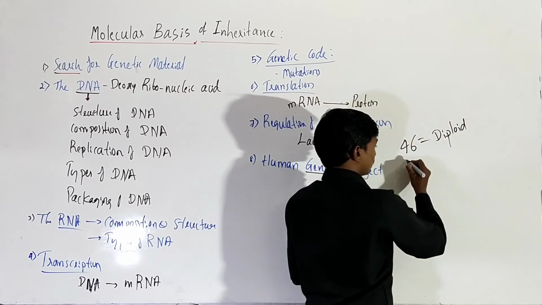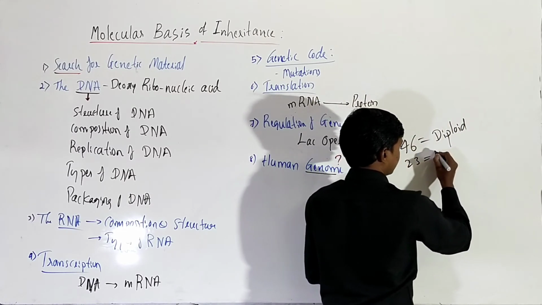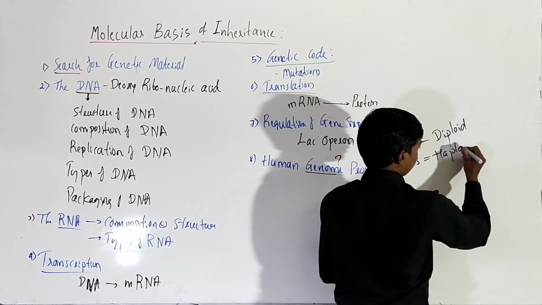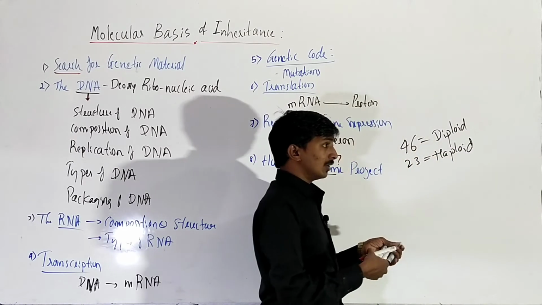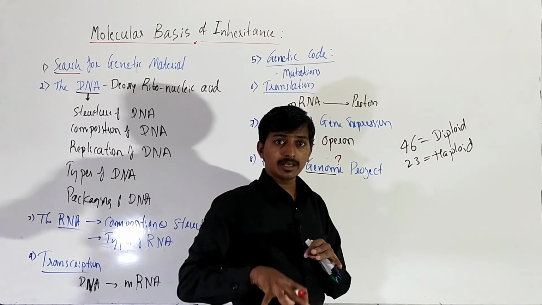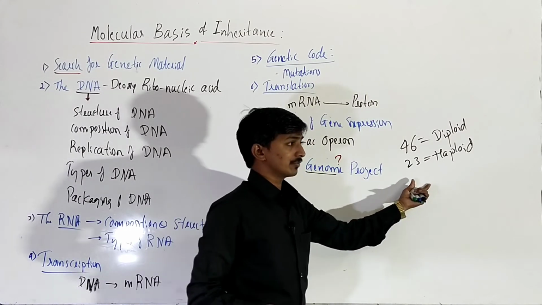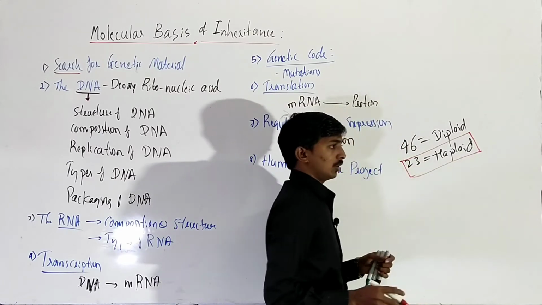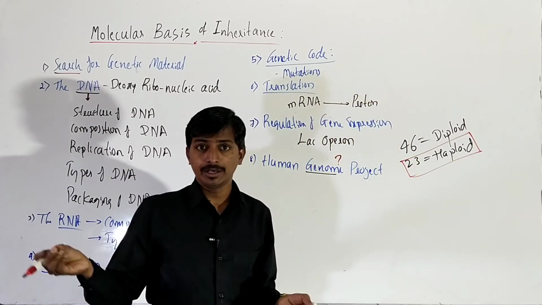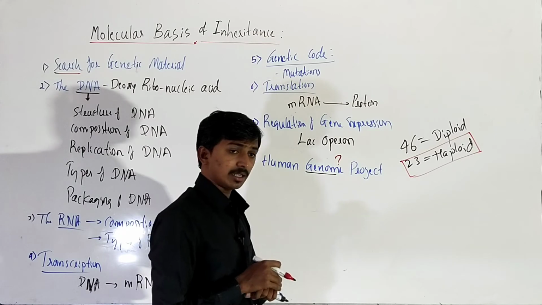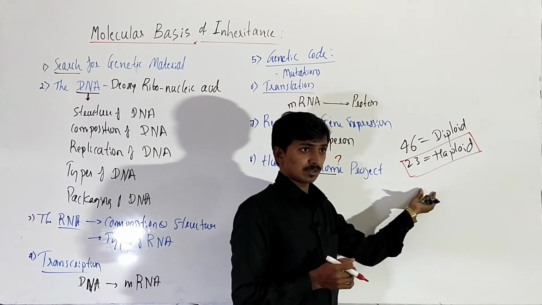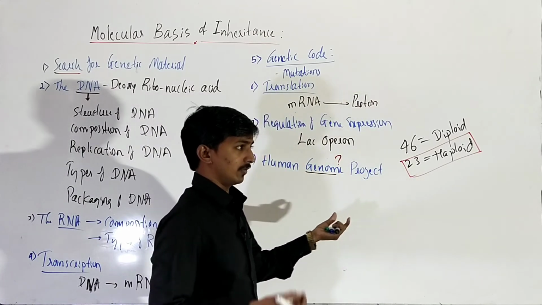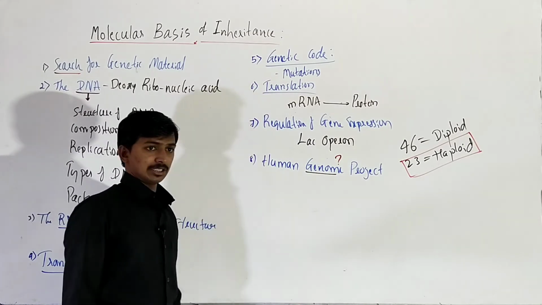And one set is haploid, 23. Right? So the total amount of DNA present in the haploid set of chromosomes, means 23 chromosomes of human beings, is known as a genome.